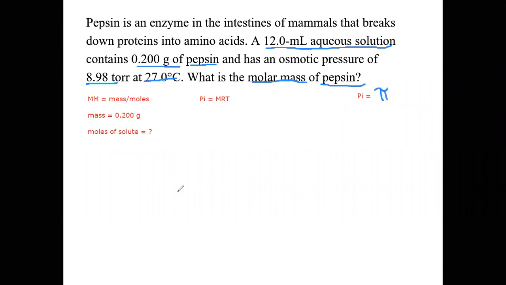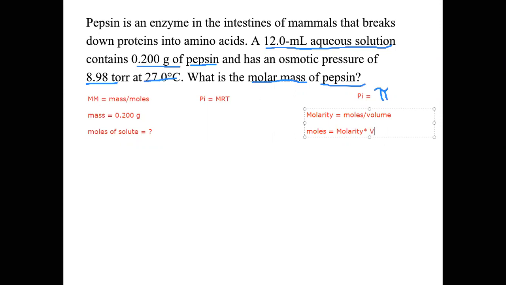In this equation, molarity relates to moles. We know that molarity is moles divided by volume.